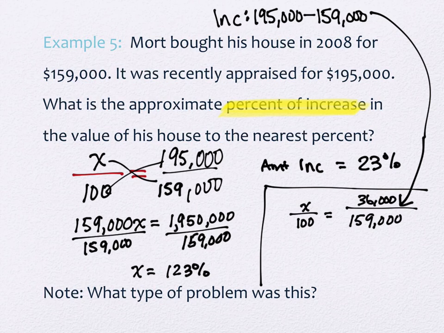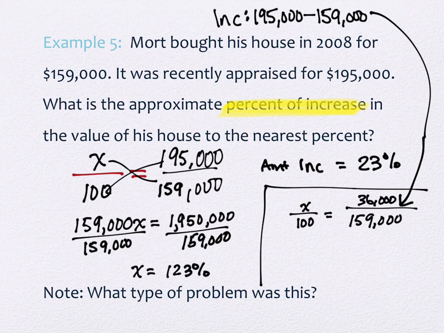And if I use 36,000 on top and I cross multiply and so forth, the answer at the end will be 23%. And I'll have the answer directly at the end instead of having to do the extra layer of saying, wait a minute, it's not really supposed to be 123. It's 123 minus the 100% I already had. It's 23%. I do something at the beginning to take care of the fact that I'm subtracting something off.